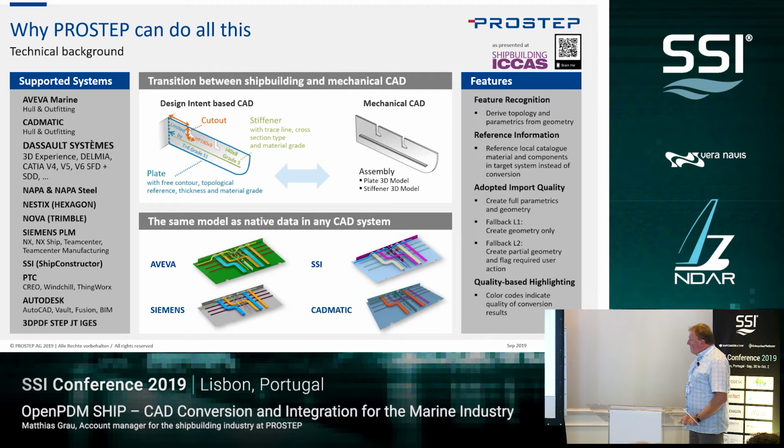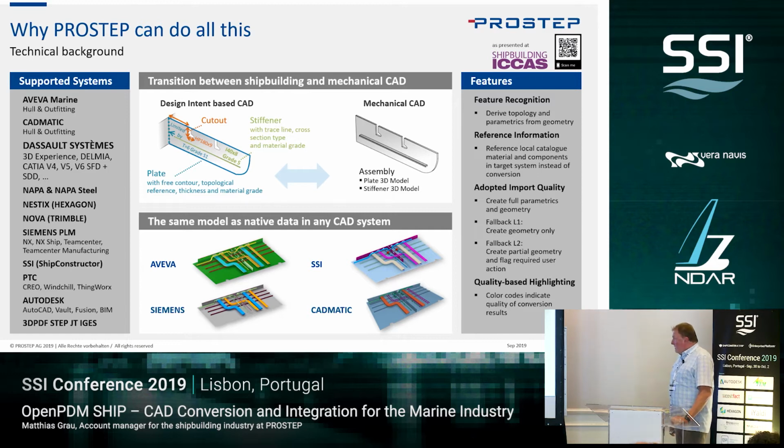implemented as part of our OpenPDM Ship platform capabilities to take data out of the shipbuilding specific CAD systems, including all the topology, including all the parametric shipbuilding specific features like profile end cuts or plate seam information, and whatever you can define in shipbuilding CAD, we can take out of there, and we can also create it in the destination system.